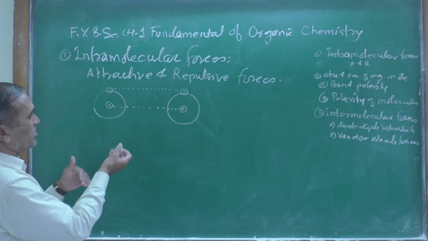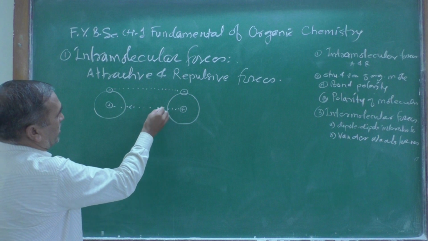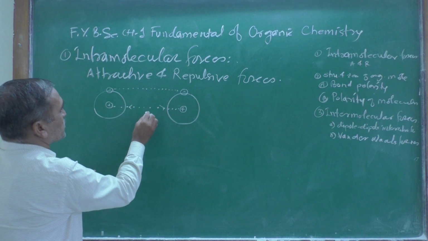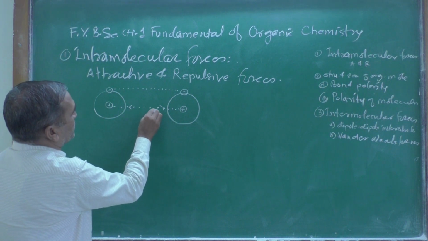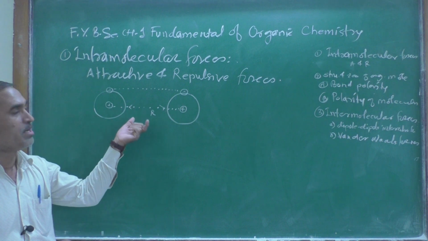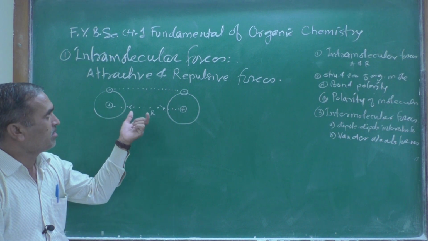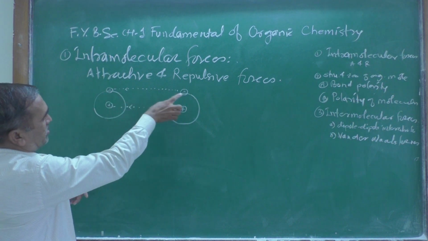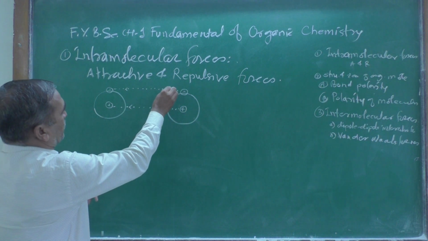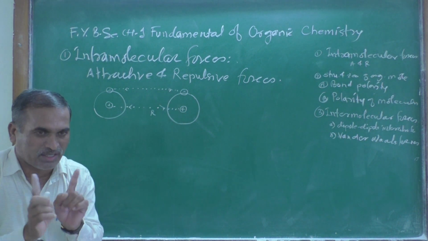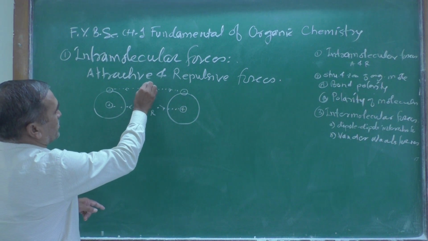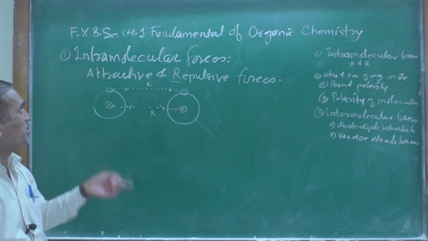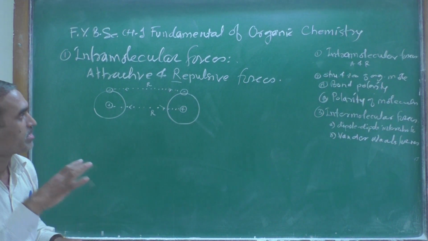This type of force is called a repulsive force, and I am denoting it here by the letter R. Here again the dotted line shows same charges repelling each other. R represents repulsive forces, whereas A stands for attractive forces.